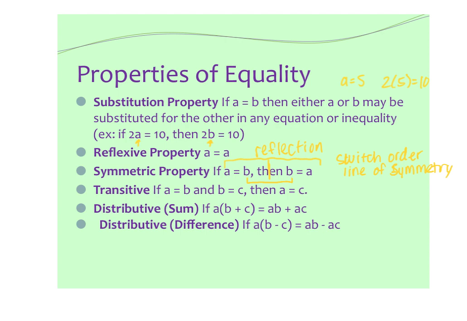The transitive is if A equals B and B equals C, then A equals C. This is just like the law of syllogism. And you're just joining the statements.